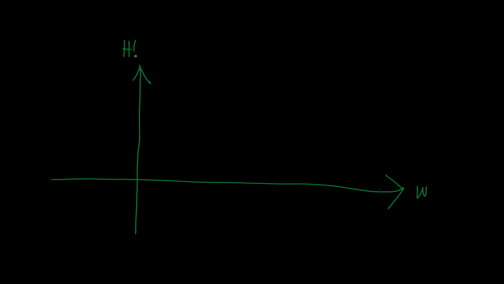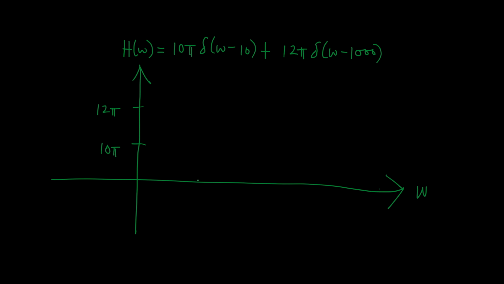We can plot H(omega) in the frequency domain, and based on the plotting, H(omega) is actually composed of two impulse signals with different frequency and amplitude.